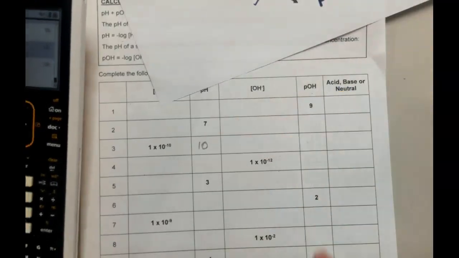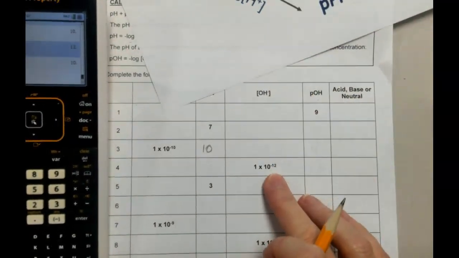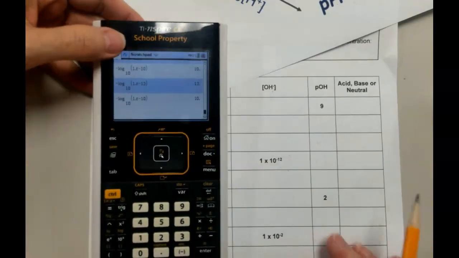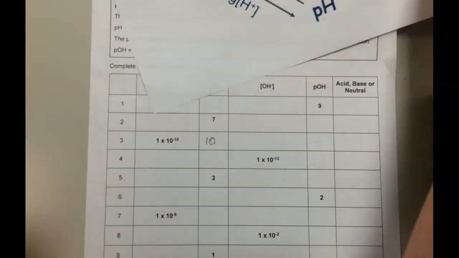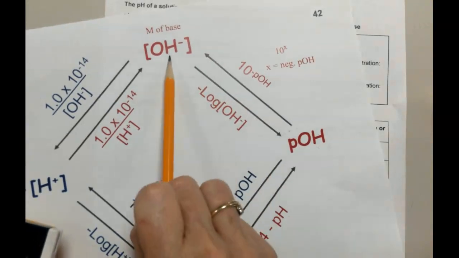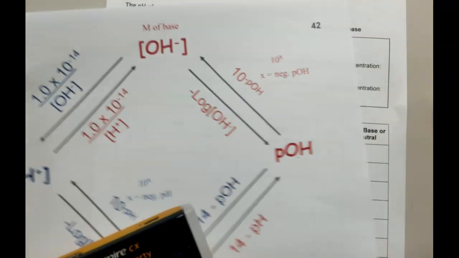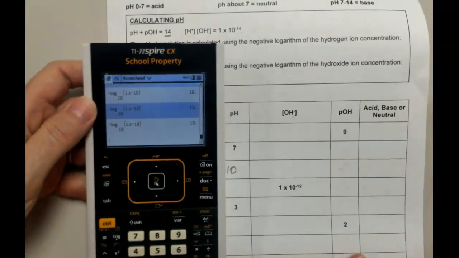What about if I know the hydroxide concentration, like I do here? I'm going to do that same calculation to find the pOH, because that's what it tells me right here. To go from OH to pOH, it's the negative log of the hydroxide concentration. So let's practice putting that in again.